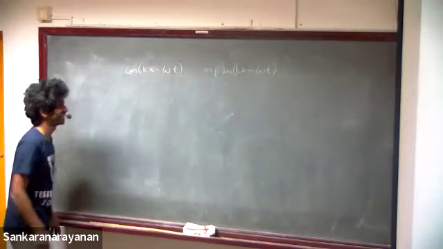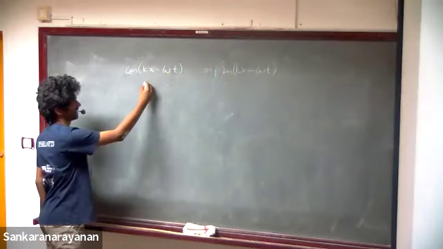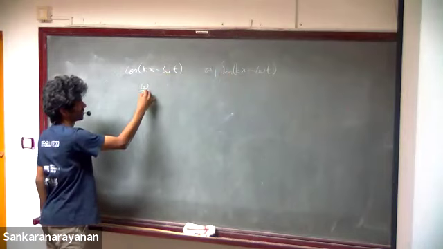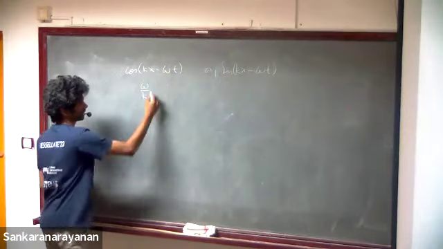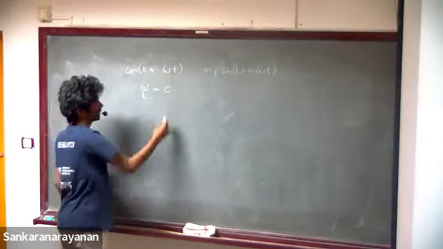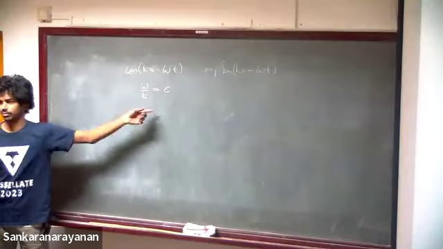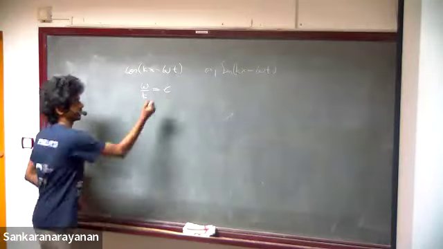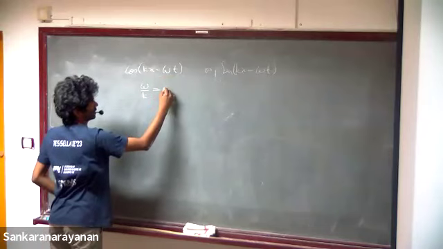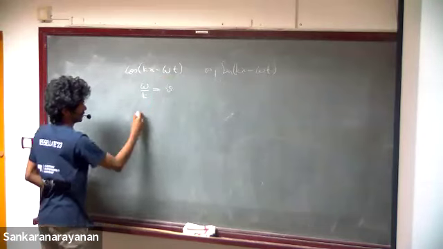I think omega by k is the velocity of the wave, and you can rewrite this as v.